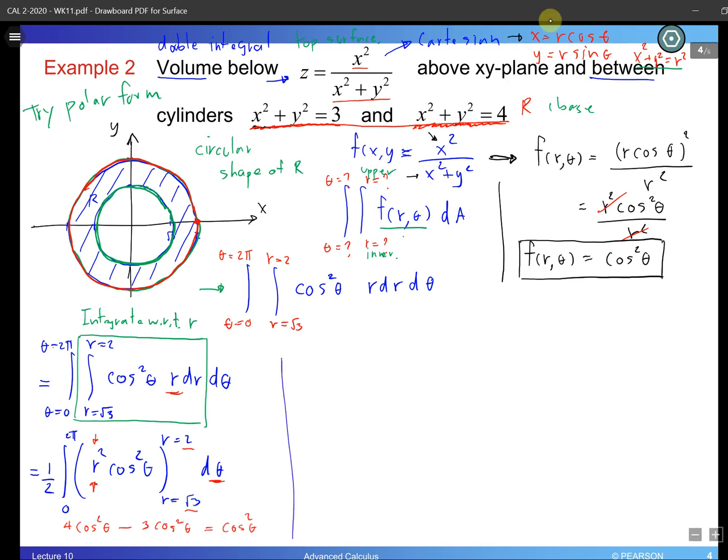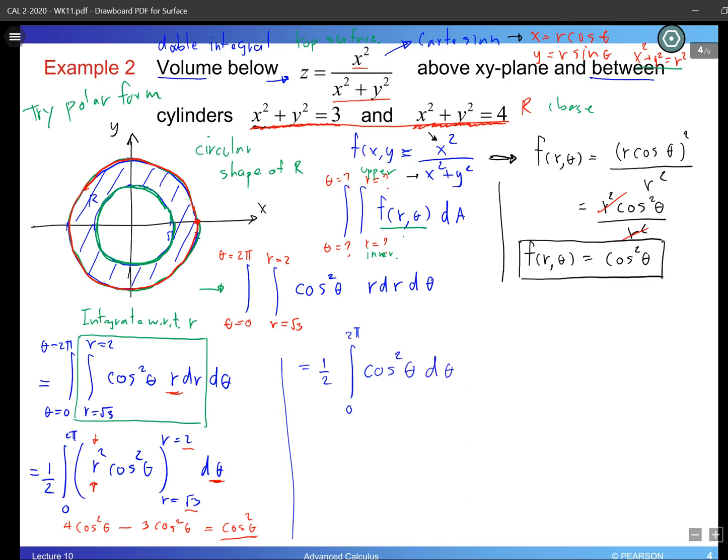So this is going to be equal to 1 over 2 integrate from 0 to 2 pi, the range of theta, and we have this cosine theta squared again right here. So we are supposed to integrate this cosine theta squared with respect to theta.